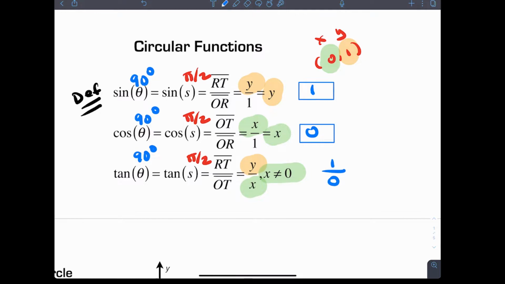Okay, you guys okay with that? Now, let me ask you this question, though. 1 over 0, what does that even mean? Is that a value? We know 0 divided by 1 is 0, but what's 1 over 0? Yes, ladies and gentlemen, undefined. In other words, there's no value. There's no number. It's undefined.